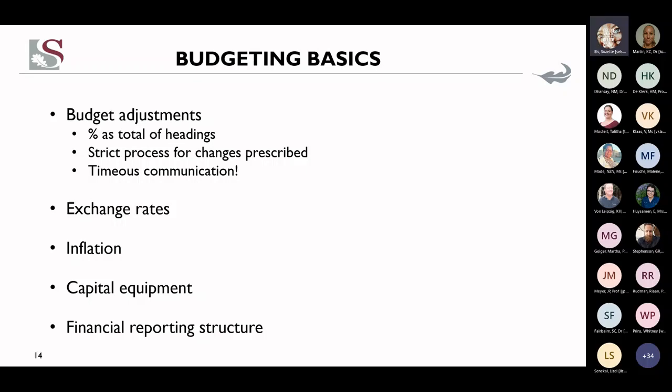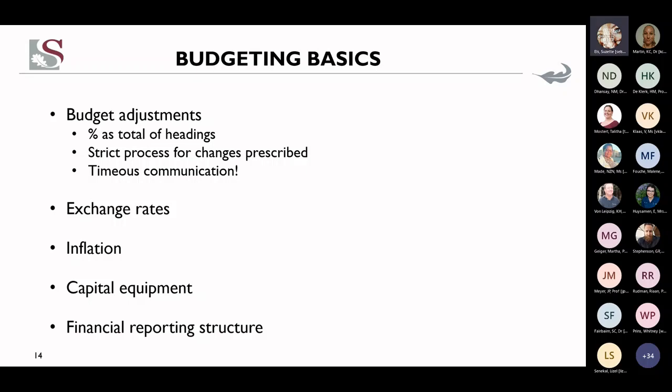As I said on capital equipment, remember that if there's any cap restriction from the funder, make sure that you take that into account, and that you also get the necessary approval if you need to buy very expensive equipment.